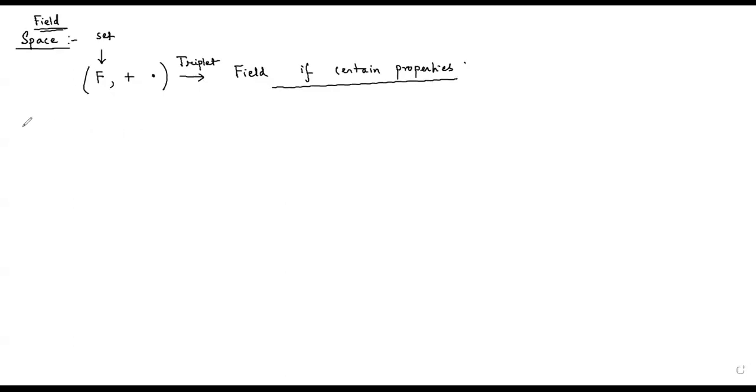I'm starting one by one. Now you will find it interesting, and you will be able to understand what I was talking about. Suppose I'm considering F to be the set of natural numbers.